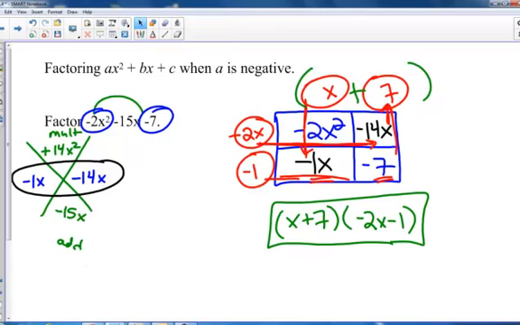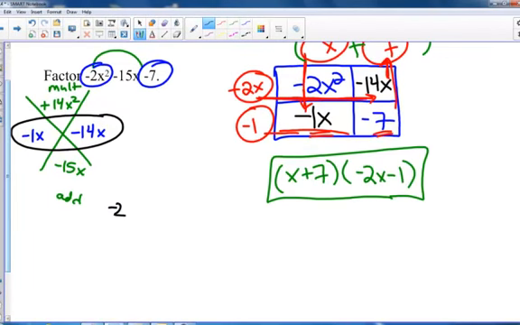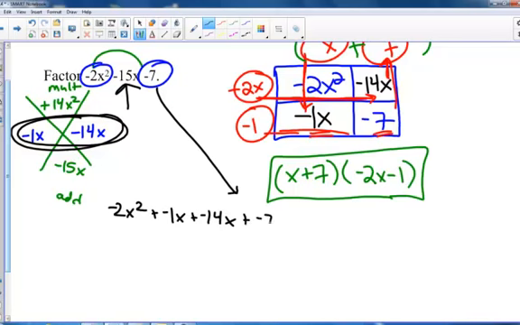If you are not one with the boxes, you're welcome to write this out the long way. So negative 2x squared. Instead of a negative 15x, we're writing a negative 1x and a negative 14x. Then we need to add our negative 7 in. In the first two, the greatest common factor is a negative x, and we're left over with a 2x plus 1.